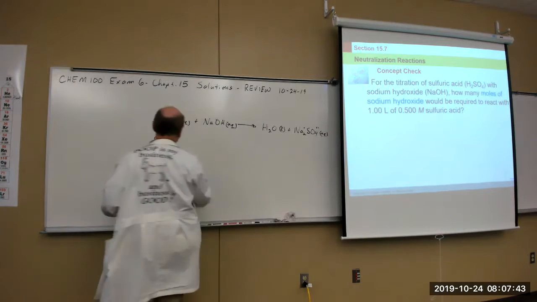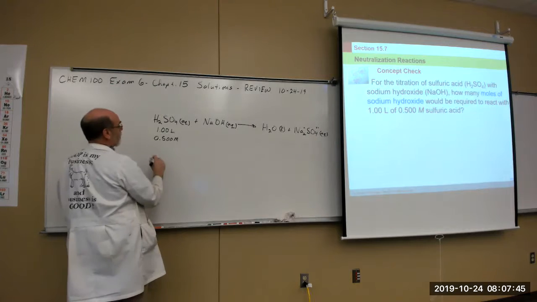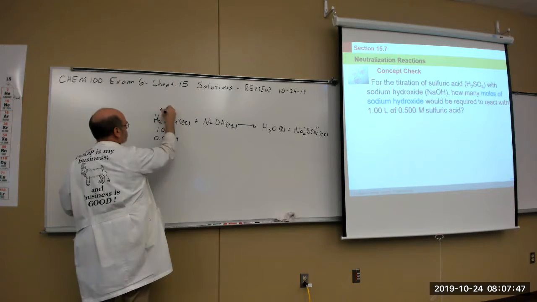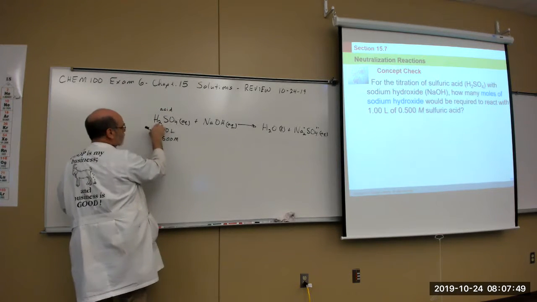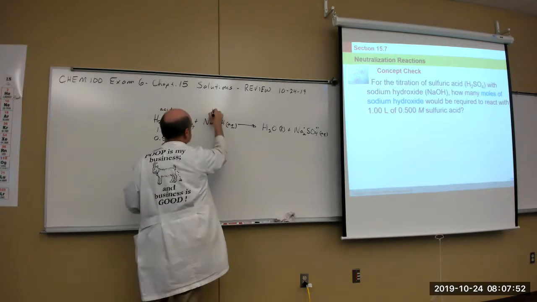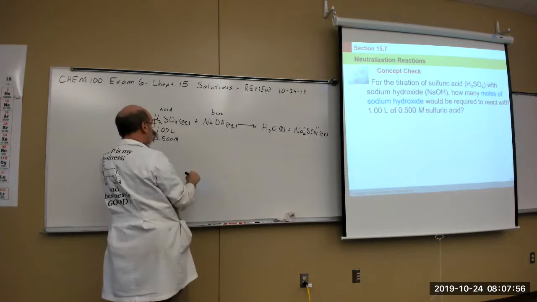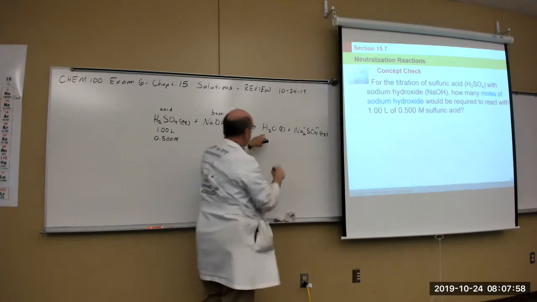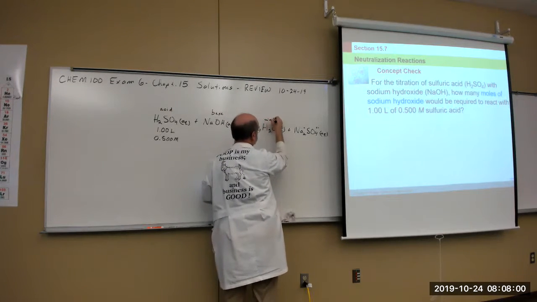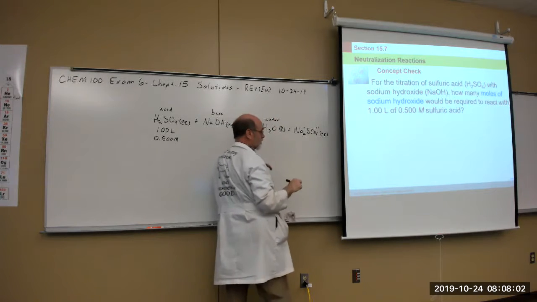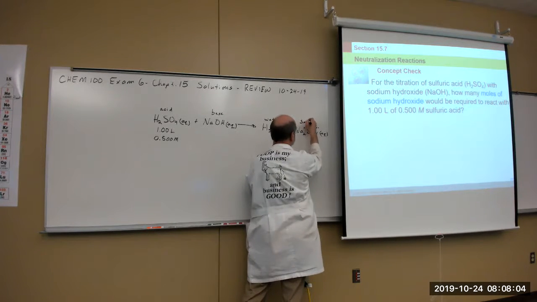And as far as terminology goes, maybe I better say a word about that. This is the acid, of course, because it supplies the protons. This is the base. It supplies the hydroxyls and accepts the protons to make water. And chemically defined, this is a salt.